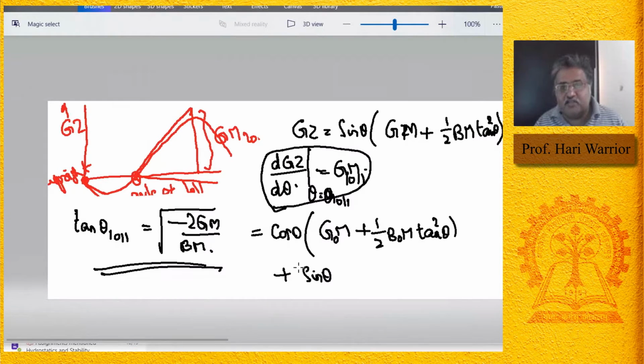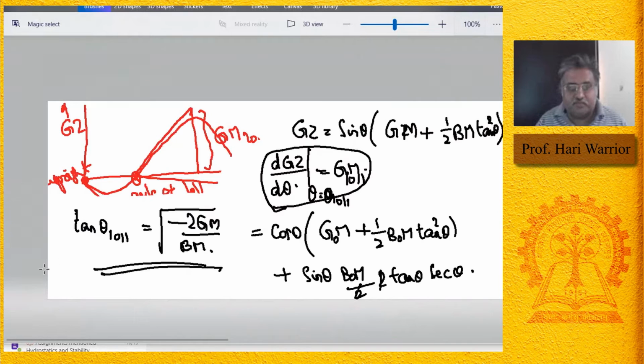Sine theta is left there, and this thing you have to differentiate. So B0M by 2, into 2 tan theta sec theta, that is its differential.